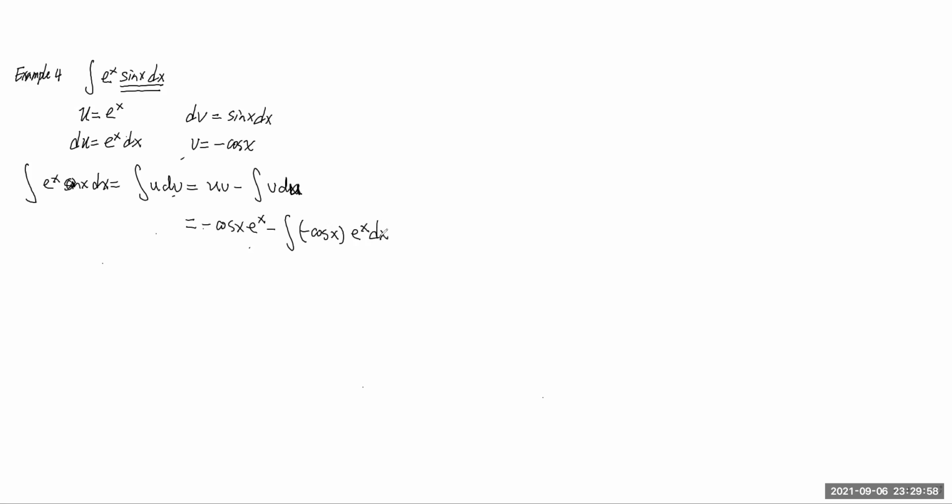So what I want to say here is, when you are doing a problem in the homework or in the test, if you are already very familiar with the formula of integration by parts, you don't have to write this part.